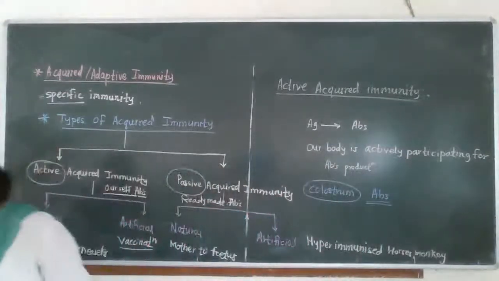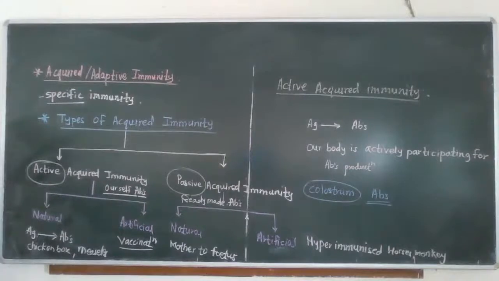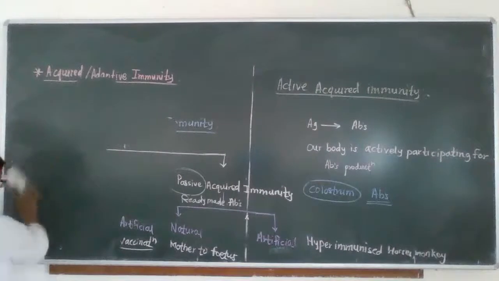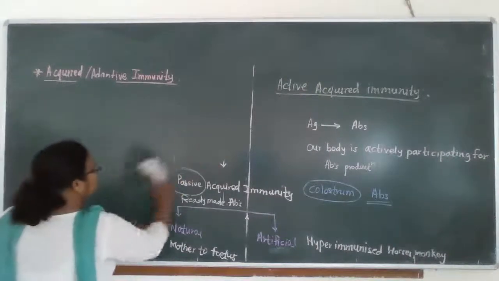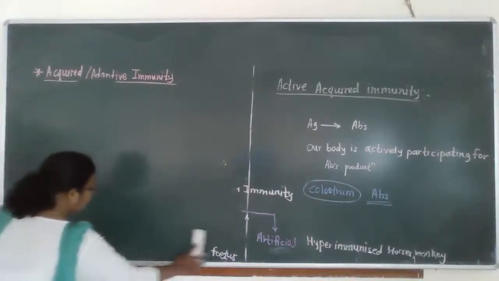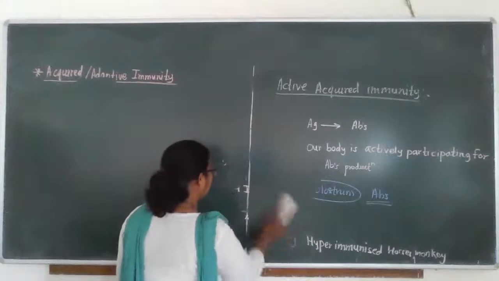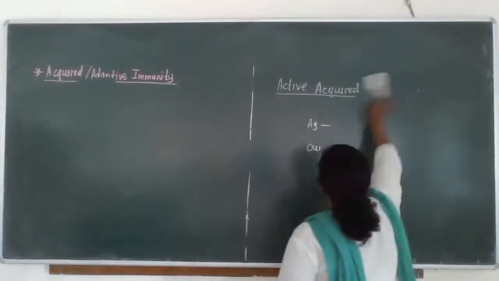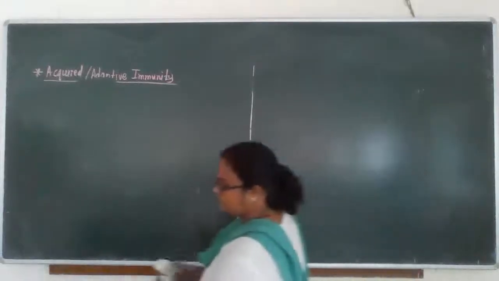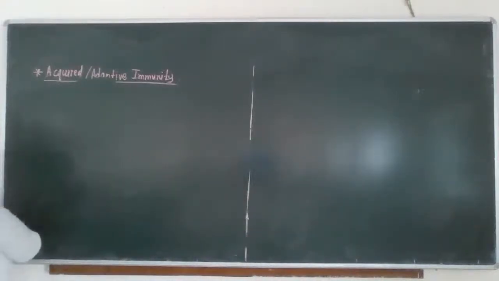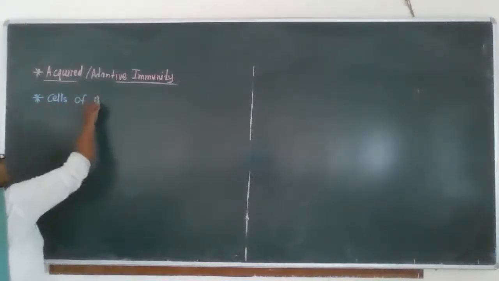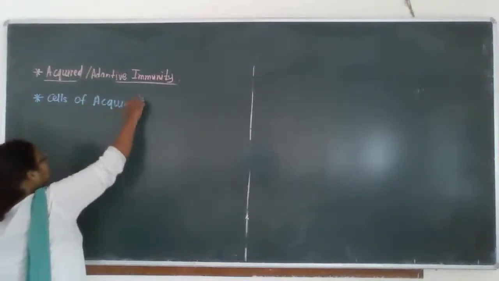Okay, then the next one is the cells of acquired immunity. Very important point.